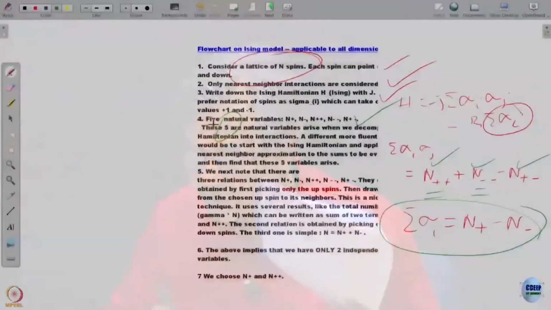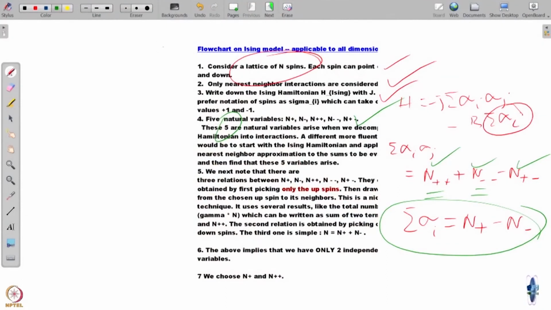Now, then there are these 5 natural variables. Note that they are obtained by picking, so there are 3 relations, as I said, between them, and we have done that.